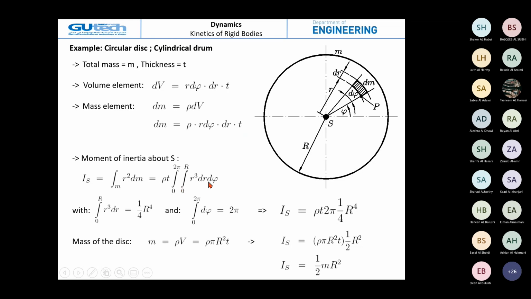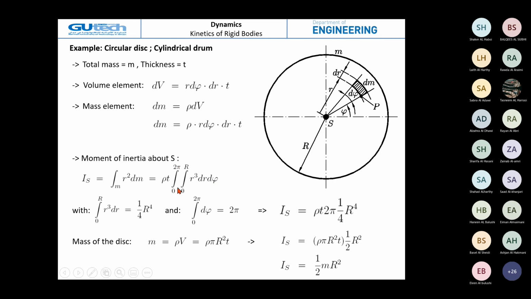If we replace everything here, we now have two variables, dr and dphi. r varies from 0 to capital R, which is the radius, and phi varies from 0 to 2 pi, that means we integrate for the whole disk or drum. We separate the variables.